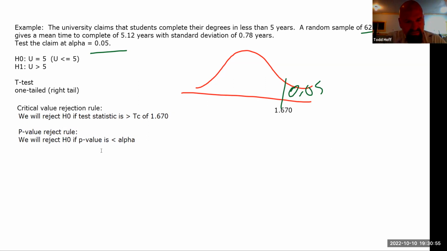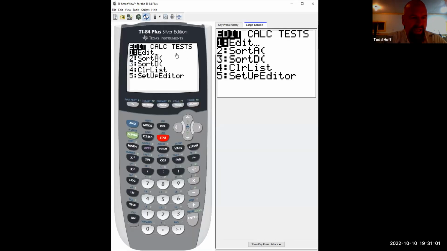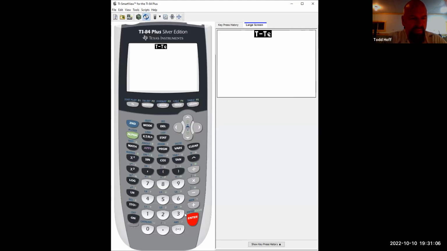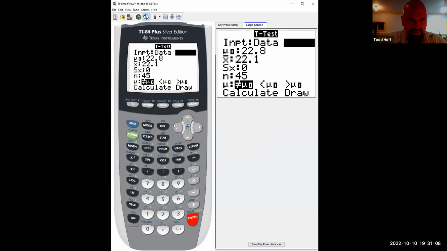So let's find that test statistic. I'm going to go right to the calculator here. So we're going to go stat over to test, and this is a t-test. So we are going with the summary statistics again. Our hypothesized value of the mean is 5 years. Our sample value is 5.12 years.